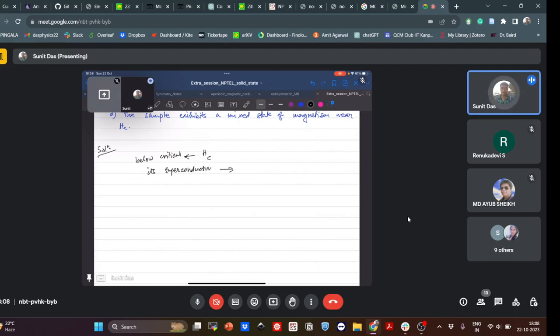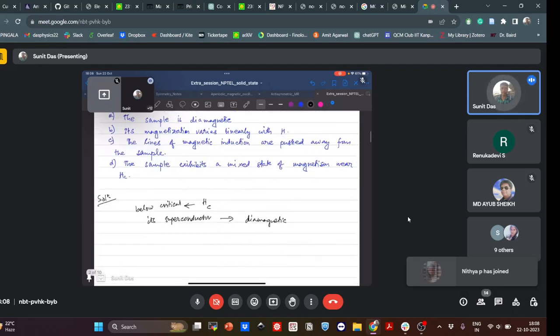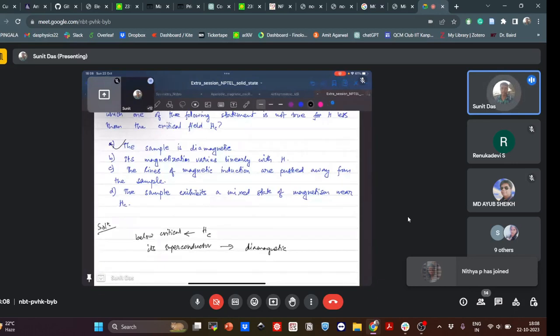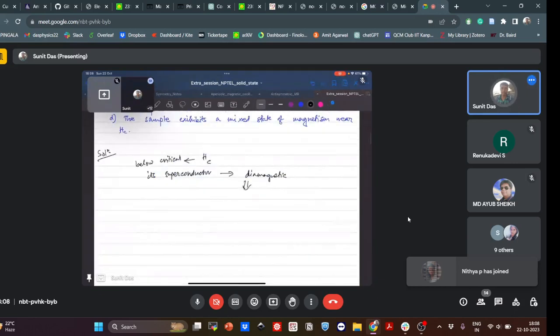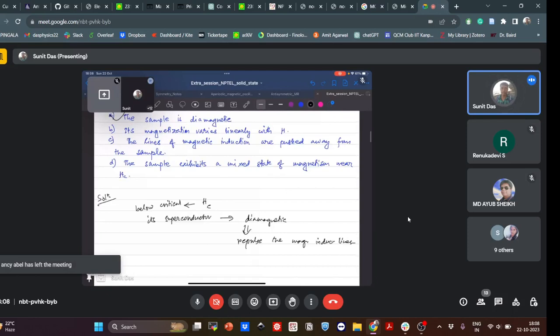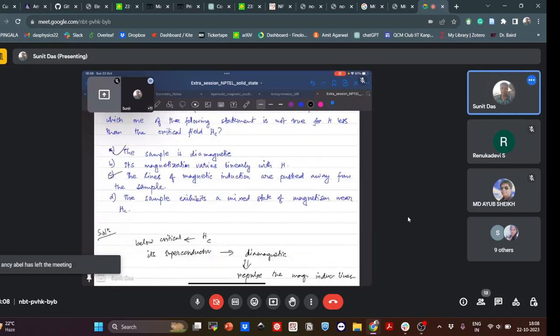If it is a superconductor, then it is diamagnetic, right? So the first option is correct. If it is diamagnetic, then it will repulse the magnetic induction lines. So the third option is also correct.